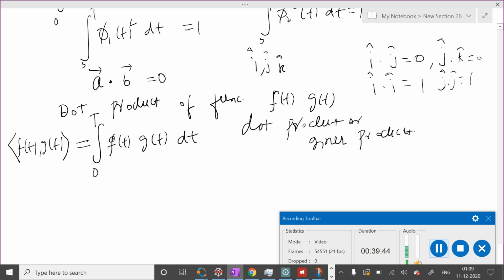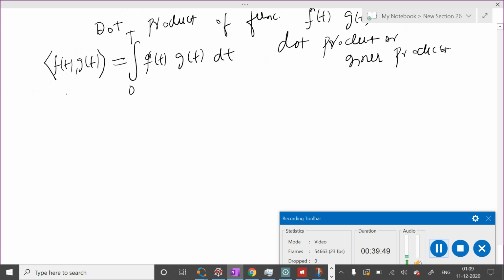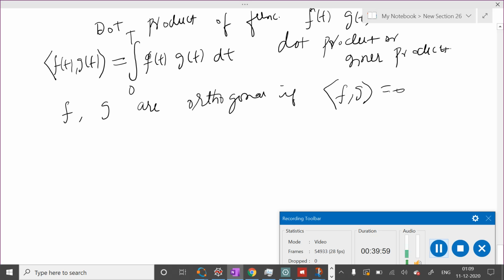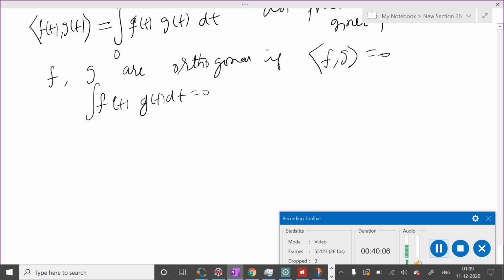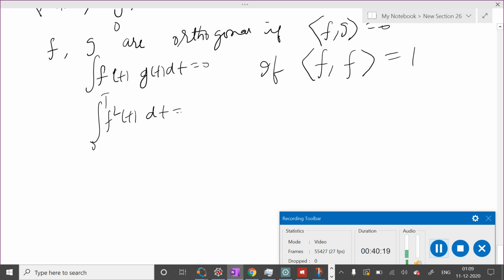It is an operation analogous to the dot product in vectors. Then you can say that functions f and g are orthogonal if the dot product is 0, that is, if the integral of f of t g of t dt is 0. And they are orthonormal, that is, normalized, if the dot product of f with itself is 1, that is, the integral of f squared of t dt is 1.